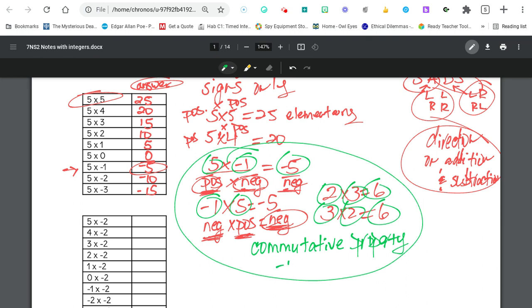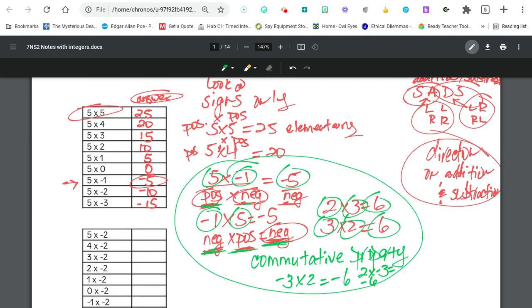So if I did negative 3 times 2, remember, a negative times a positive is a negative. So it'd be negative 6. Or I could say 2 times negative 3, and I would still get negative 6. It doesn't matter. So it looks like if the signs are different, a positive and negative, we end up with a negative answer, okay?